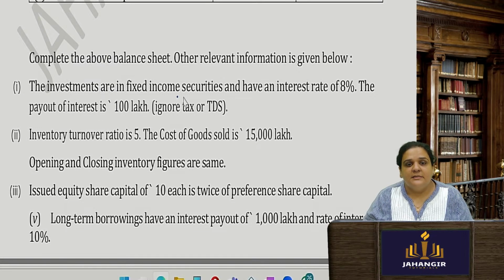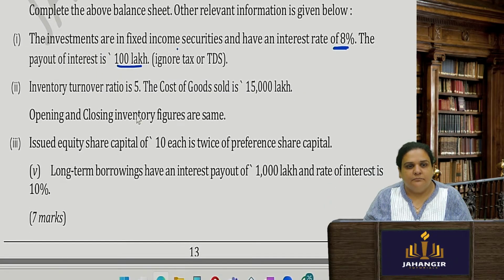Investments are fixed income securities and they have an interest rate of 8%. The payout of the interest amount is rupees 100 lakhs. Inventory turnover ratio is 5, COGS is 15,000 lakhs. Opening and closing inventory figures are the same.